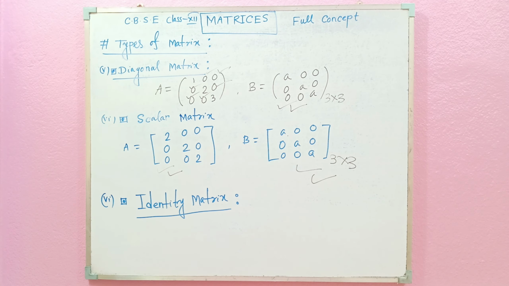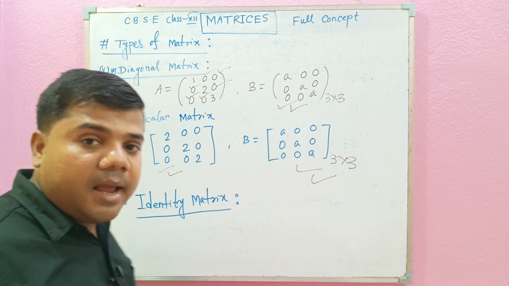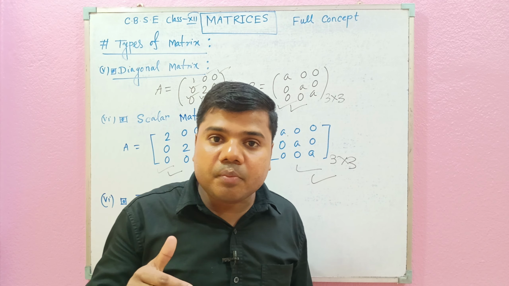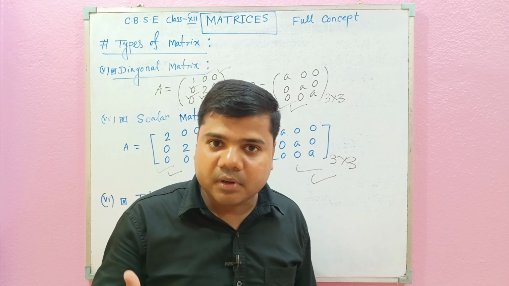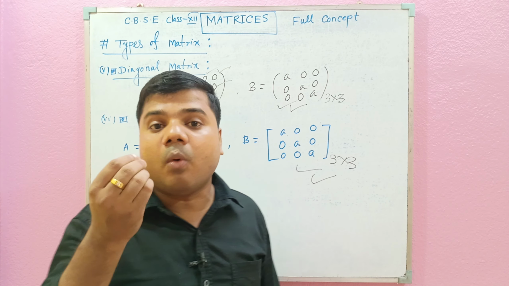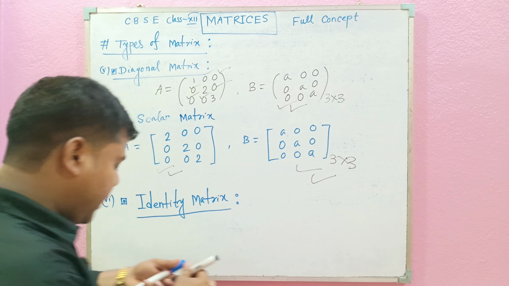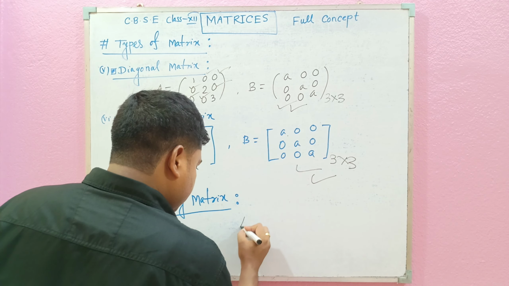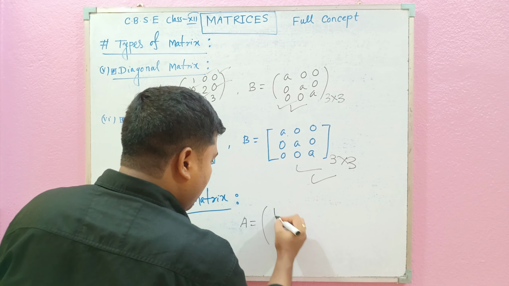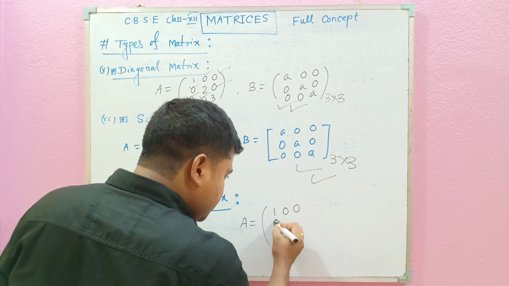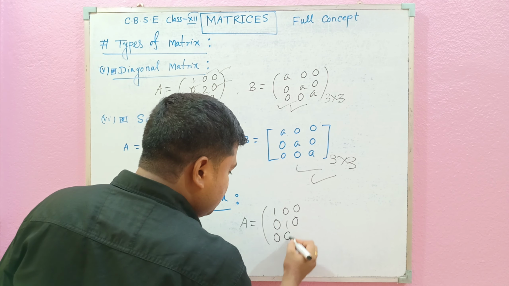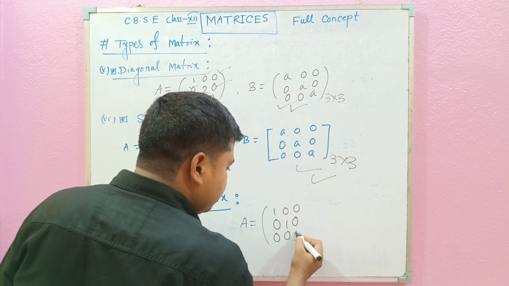Next, the identity matrix. A scalar matrix is said to be the identity matrix if the diagonal elements are all 1. As for example, A is a matrix 1, 0, 0, 0, 1, 0, 0, 0, 1.